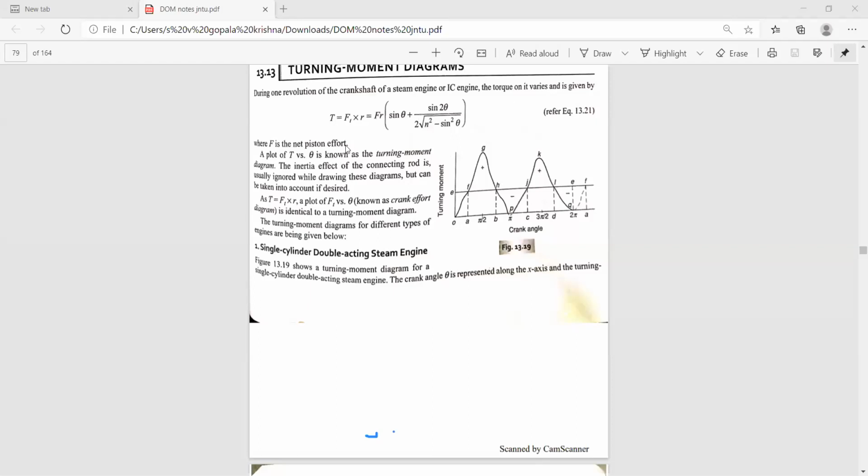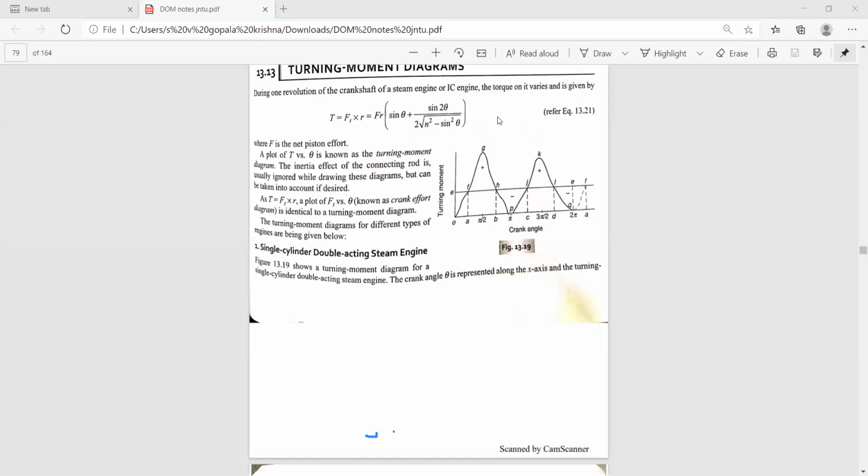This value was already calculated in the earlier derivation. When a plot of torque versus theta is drawn, it is known as the turning moment diagram.